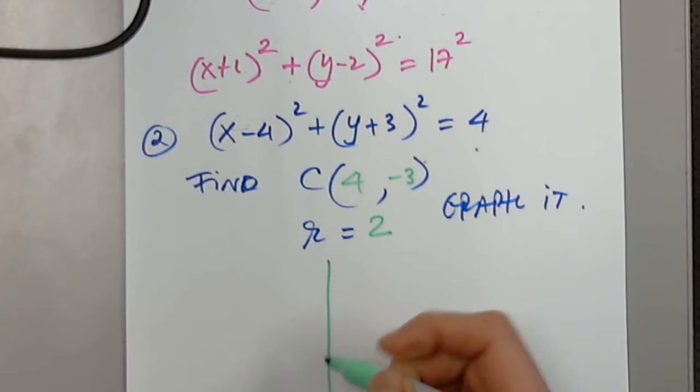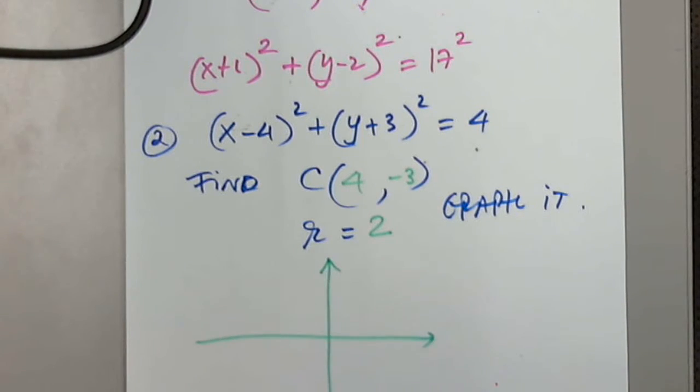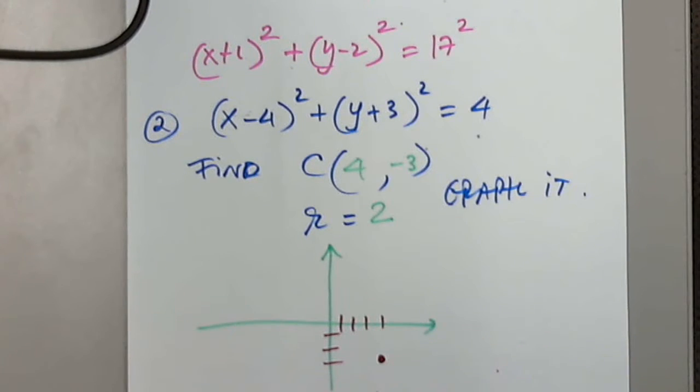Here's how I graph the circle. I must start with the center. 1, 2, 3, 4, 1, 2, 3, right here. I know the radius is of length 2. I will create a point 2 units away west, a point 2 units away east, a point 2 units away north, and a point 2 units away south, and then connect them.